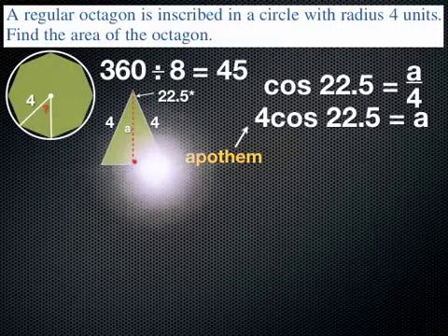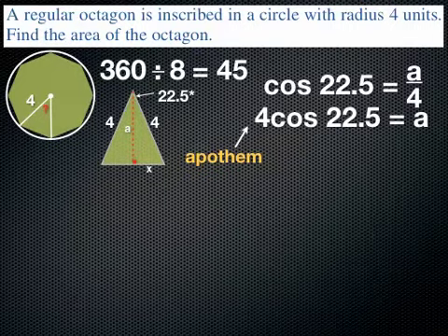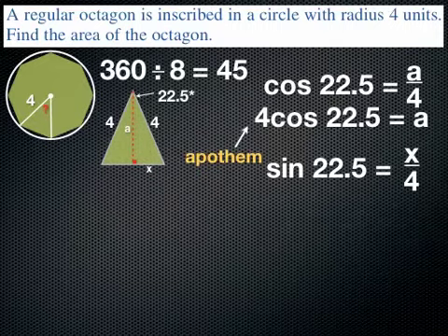Now I need to find my side length. I can use this same right triangle to find x, but notice that x is only half of your side length. So when I find x, I'm going to need to multiply by 2 to find the whole side length of your octagon. Now I'm going to use the sine of 22.5 equals x, which is the side opposite, over 4, the hypotenuse.